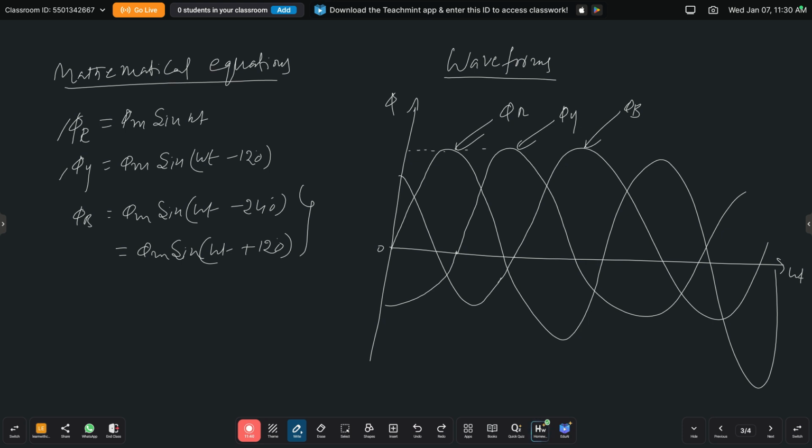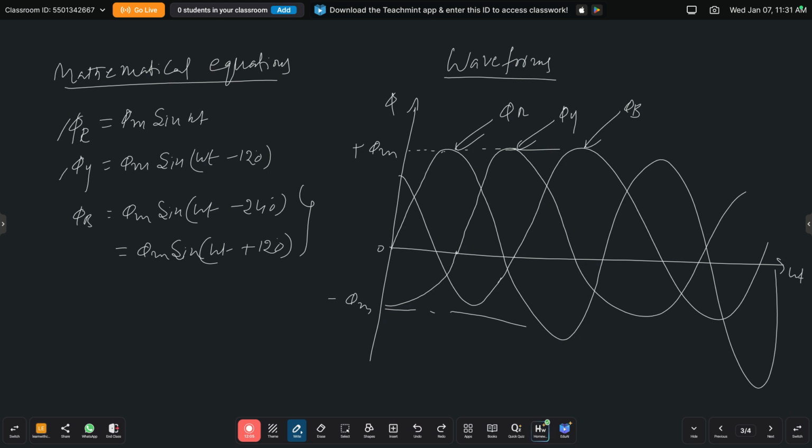This is the maximum flux of the positive value, and this is the maximum flux of the negative value. These are the negative, these are the positive. These are the flux waveforms: R phase flux, Y phase flux, B phase flux. The highest point is the peak value or maximum value.